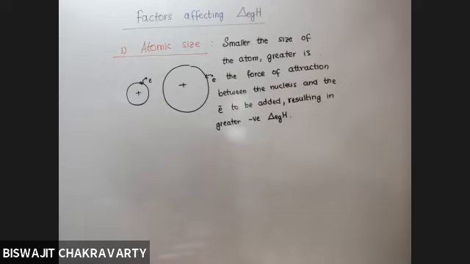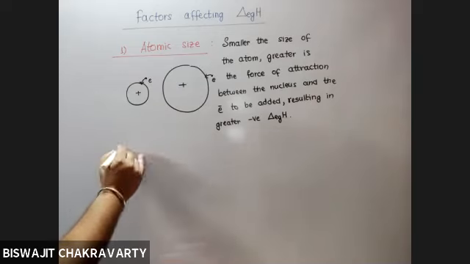So smaller atoms have relatively more tendency of accepting the electron, and in return they will release a larger amount of energy, and therefore delta EGH will be more negative.